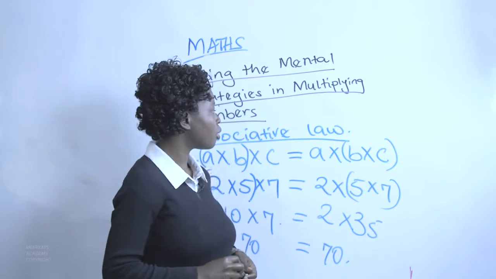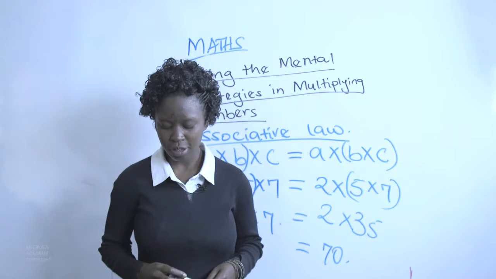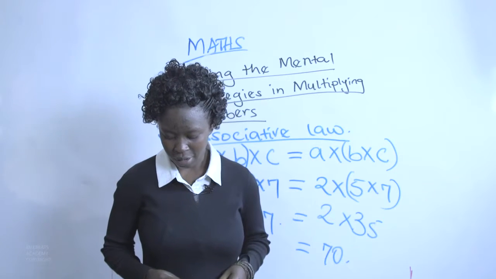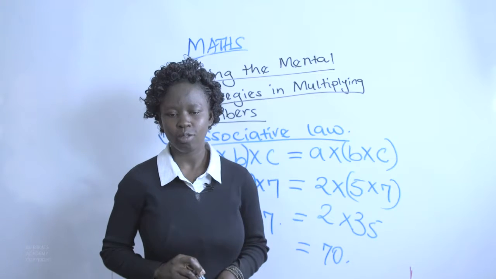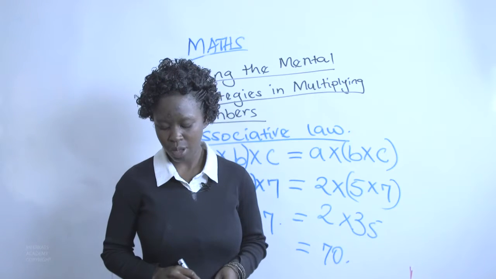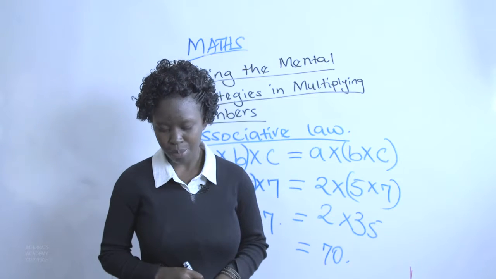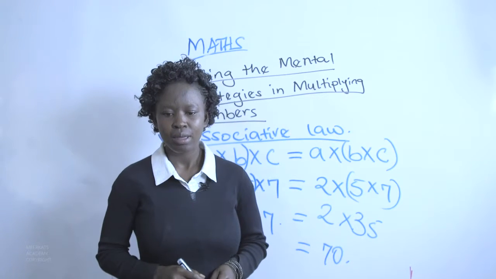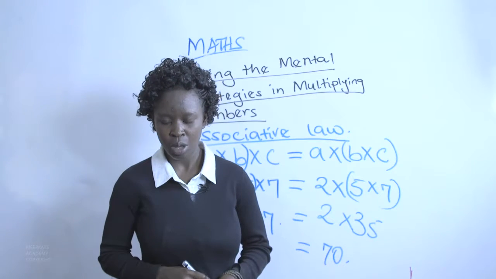You can combine both the commutative and the associative law. In that, you can alter the order of arrangement. So when you alter the order of arrangement, then you can come up with a number that is easier for carrying out the multiplication process.